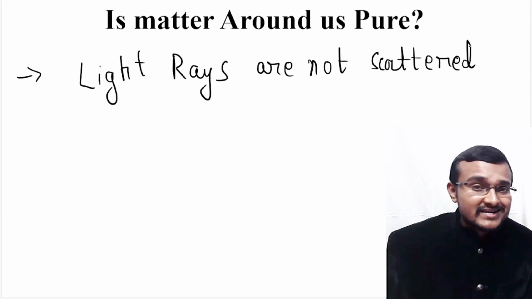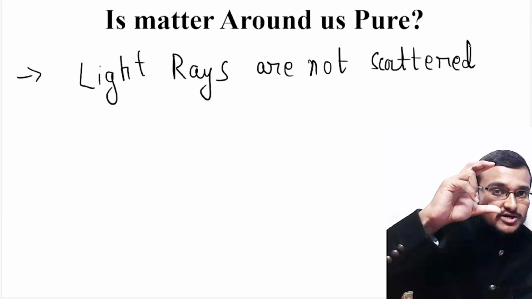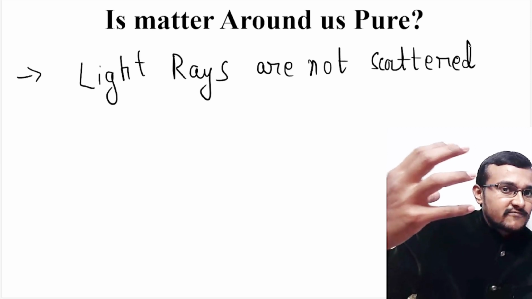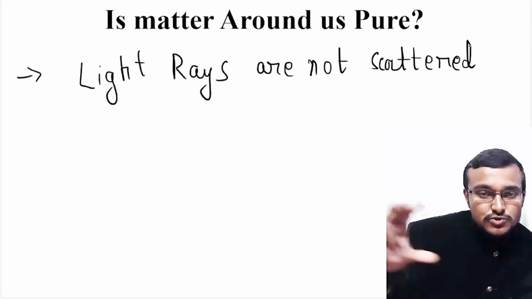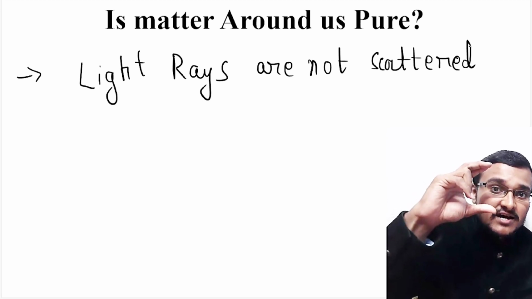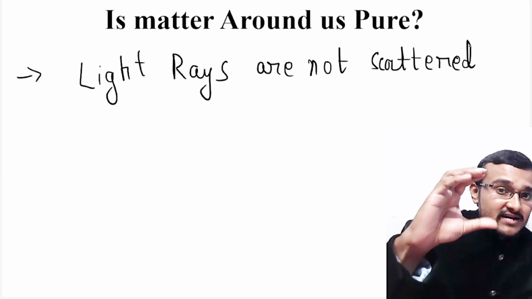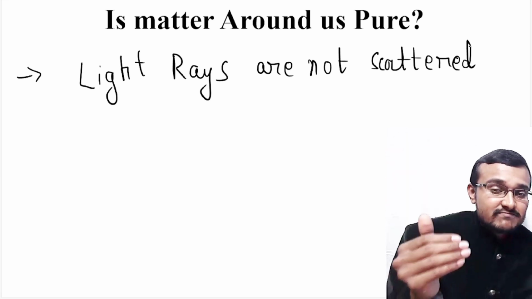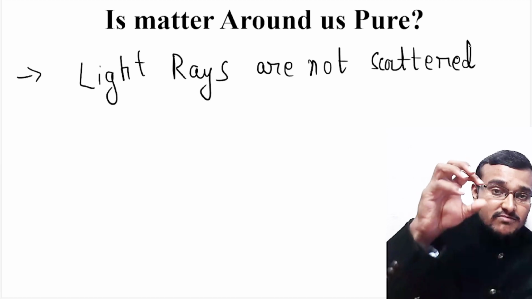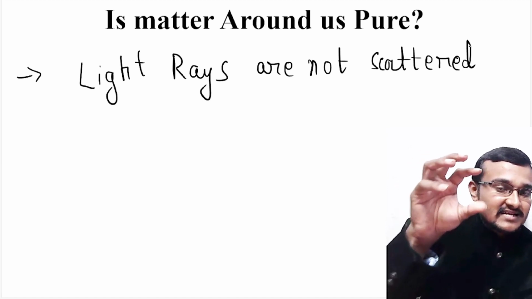So now you can take normal water and look at the light through that water. You can see some amount of light intensity is there. But now if you take salt solution or sugar solution and look at the light through it, the same light will appear less bright, less intense, because the maximum amount of light is not scattered inside that solution.